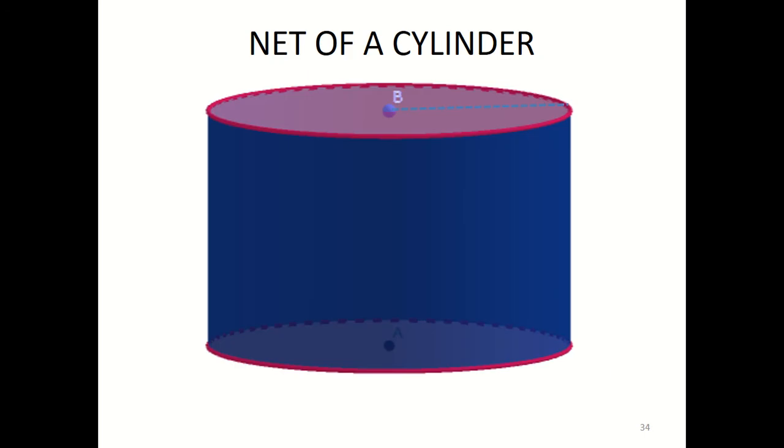Now, the net of a cylinder. This cylinder has a radius of 4 centimeters and a height of 5 centimeters. So I'm going to cut it into 2. The top part will be a circle and the bottom part will be a circle. And I'm just showing you that it will simply be the circumference of the circle.